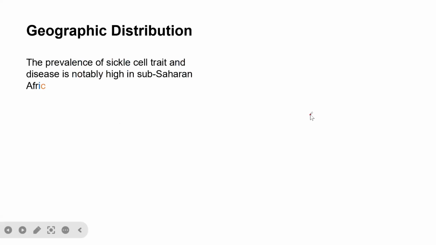Then what about the geographical distribution? The prevalence of sickle cell trait and disease is notably high in sub-Saharan Africa, where malaria is endemic. It has been reported that most of the people that have this sickle cell trait are highly found in sub-Saharan Africa, where the malaria parasite is endemic.